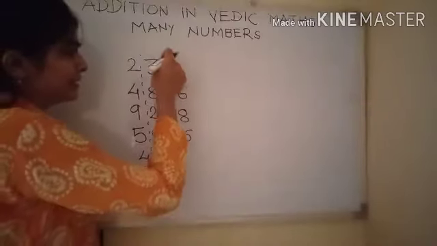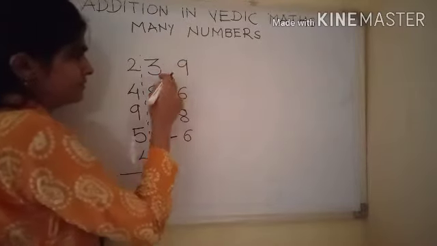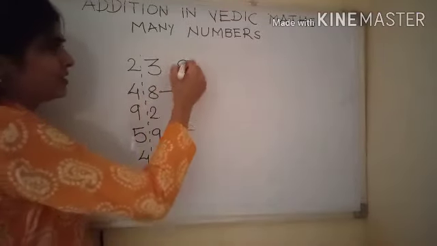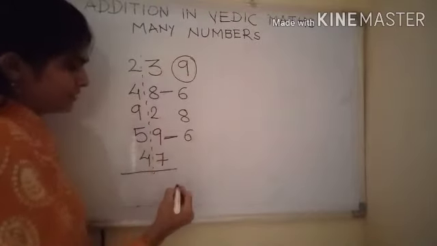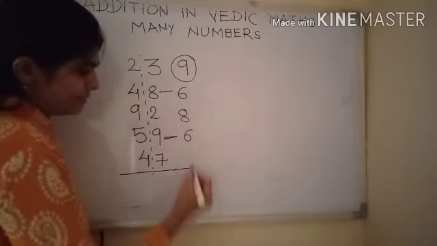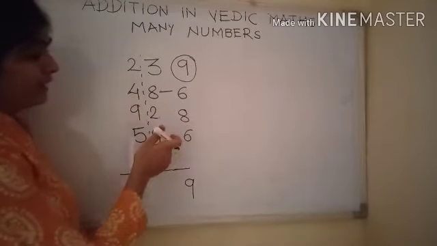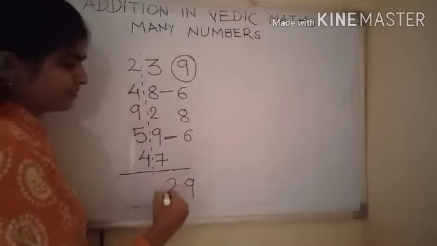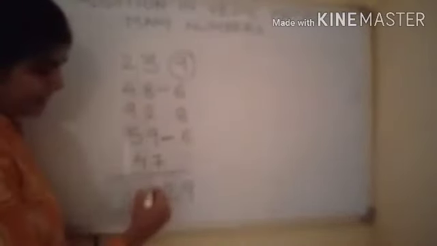Next is 6 and 3, that is 9, a non-carry combination, so no hyphen. The last number is 9, and how many hyphens? 2 times, so write down 29.